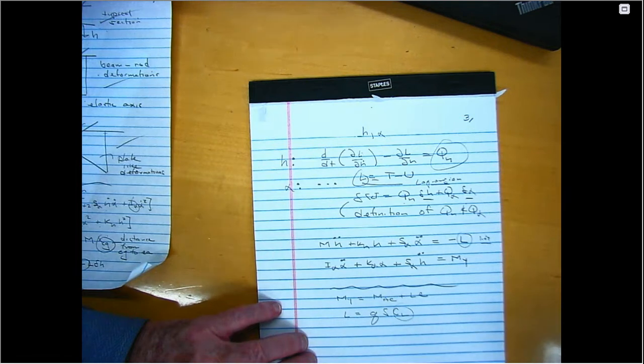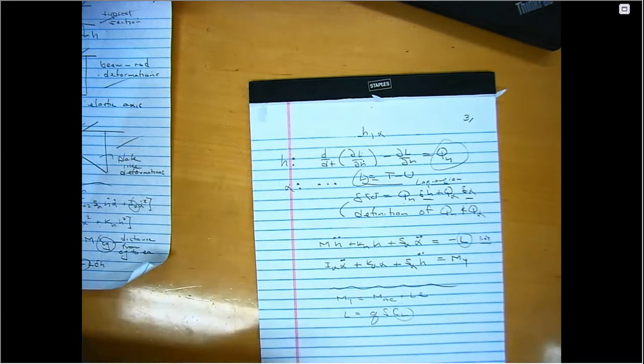It may depend on the entire past history of alpha and H. That is, the lift at a current time may depend on the history of the motion. There's a memory in the fluid, if you will. The aerodynamic force on the wing does not depend on just the instantaneous motion of the wing at the present time. It depends on the entire past time history.